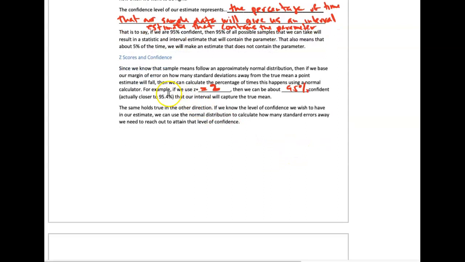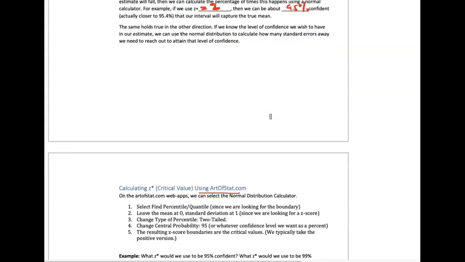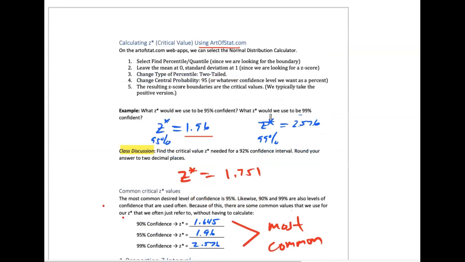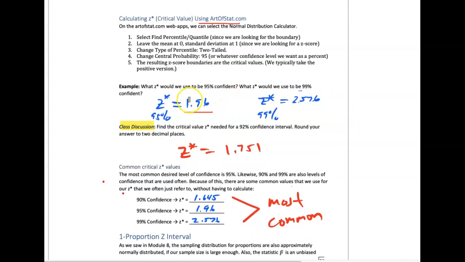Now, if we look at the different Z-scores, we're going to end up looking at what are called critical Z-scores. How do I determine the critical Z-scores with respect to the level of confidence? Remember, to calculate margin of error, it's your critical value times the standard error.